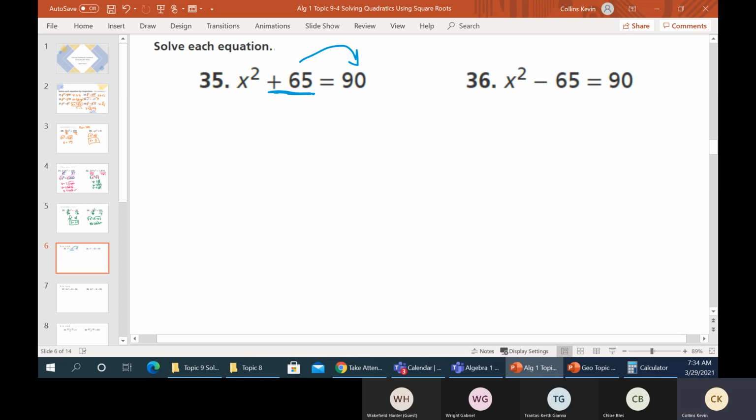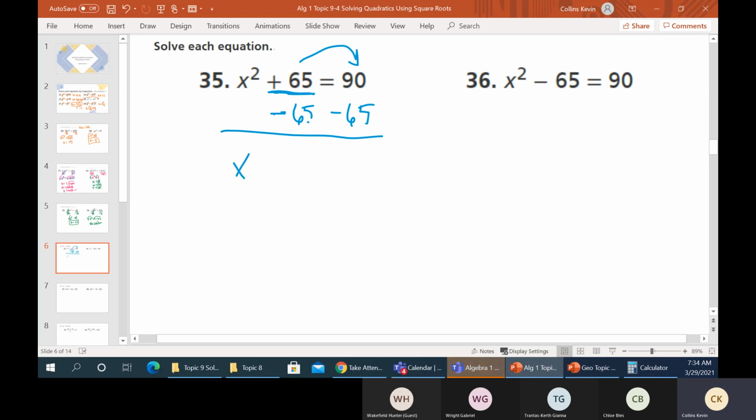So how do we move that 65 to the other side? And again, this is pretty standard algebra stuff. Yeah. So we're going to go ahead and say, okay, we're going to take 65 from here and 65 from here. Sweet.